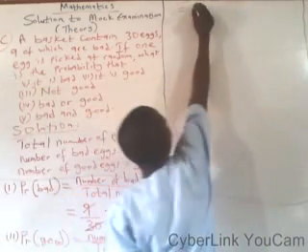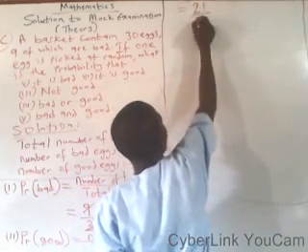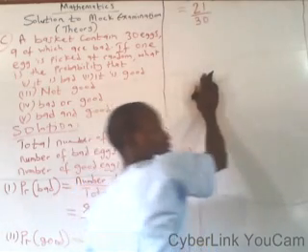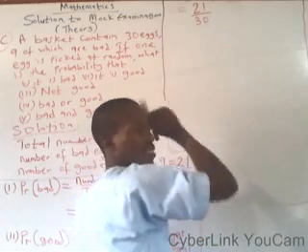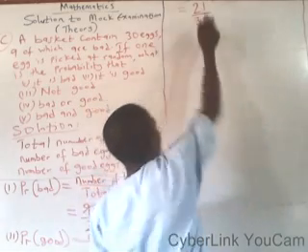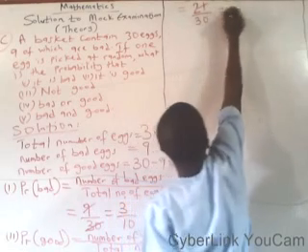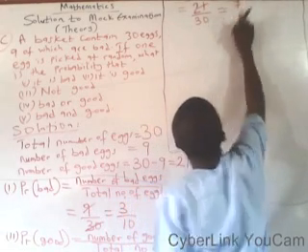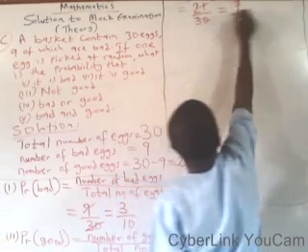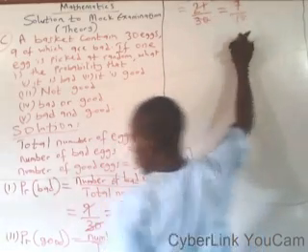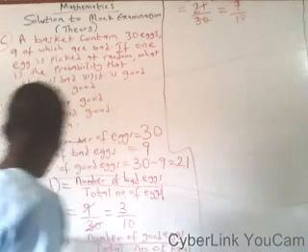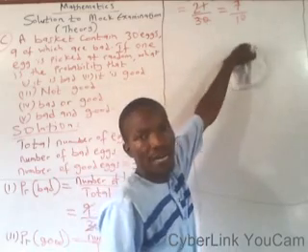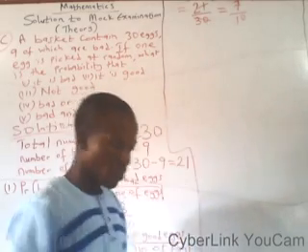That is 21 over 30. This is another simple fraction, but something can divide it. That is 3. 3 in 21 gives 7, and 3 in 30 gives 10. The probability of good eggs is equal to 7 over 10.